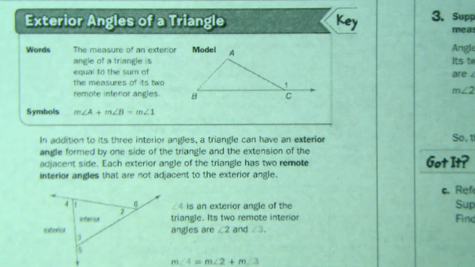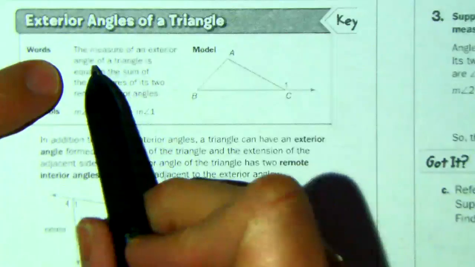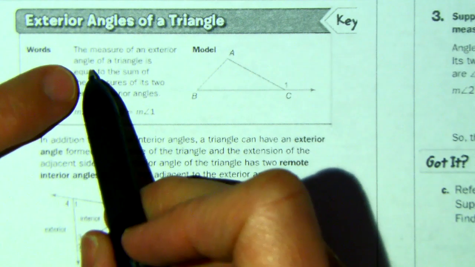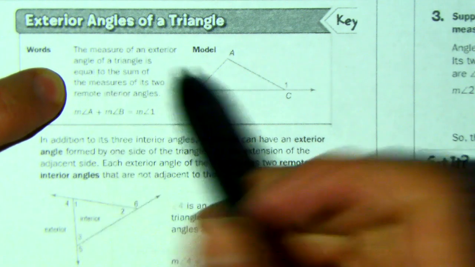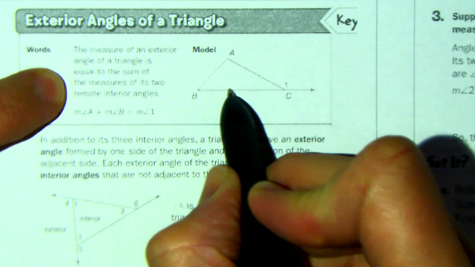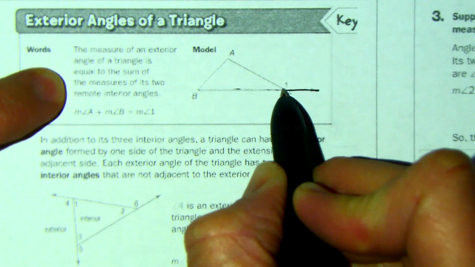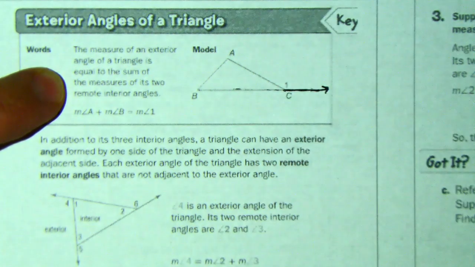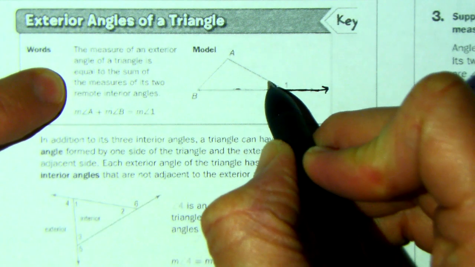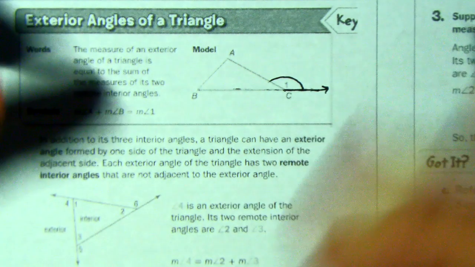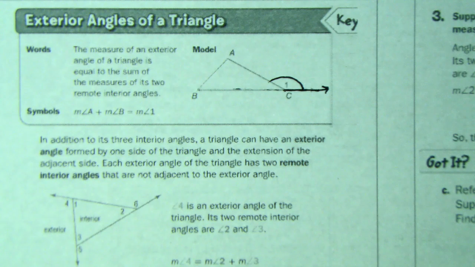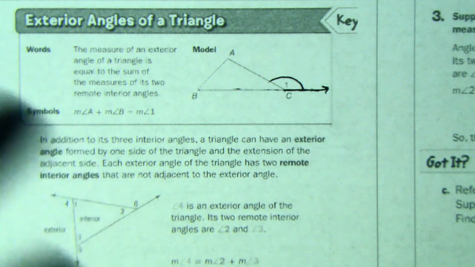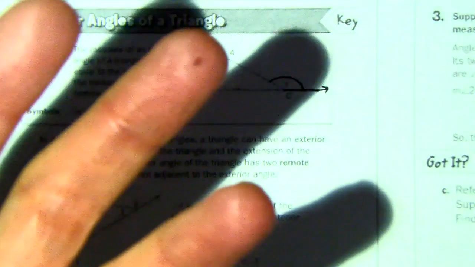So here's how an exterior angle is defined. In a triangle, if you extend one of the legs past the vertex, the angle that line makes with the adjacent side, so the side right next to it, is going to be an exterior angle.